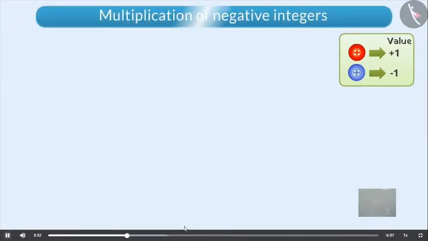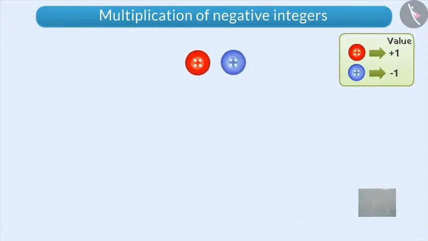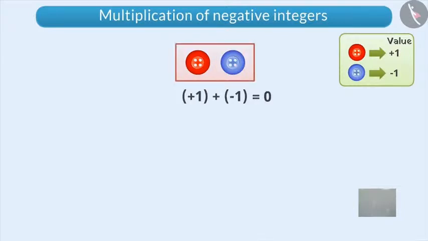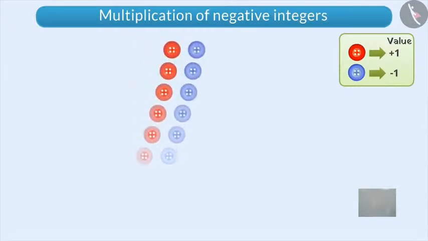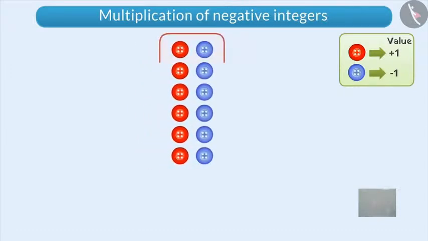Now, let's learn multiplication of two negative integers. Suppose we take one red and one blue button. Then what will be their value? Since positive 1 plus negative 1 is equal to 0, the value of one red and one blue button is 0. First, we take 6 red and 6 blue buttons and make 6 groups out of it.